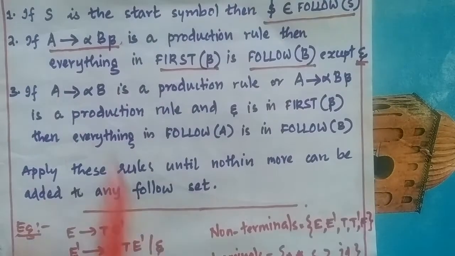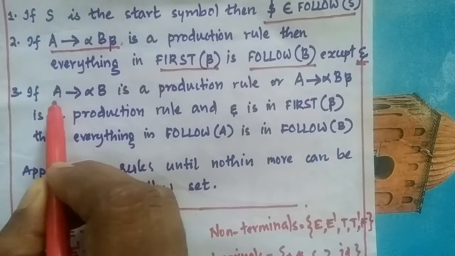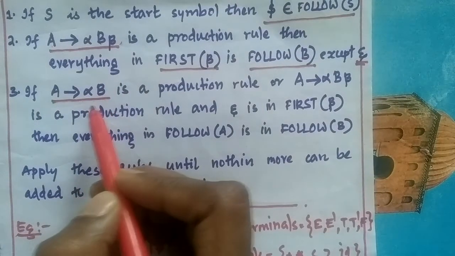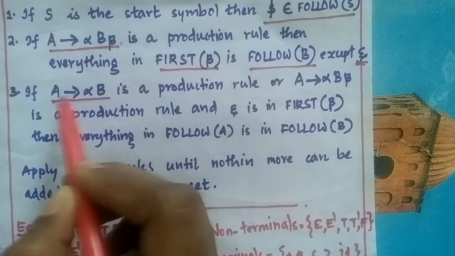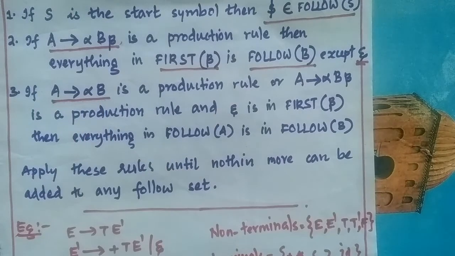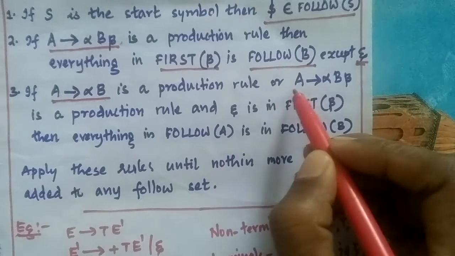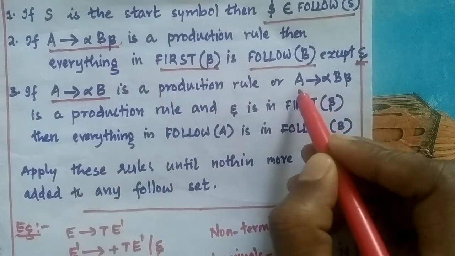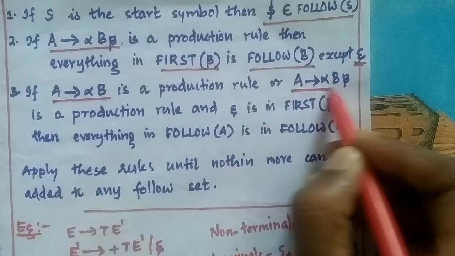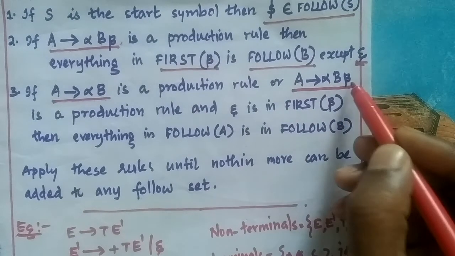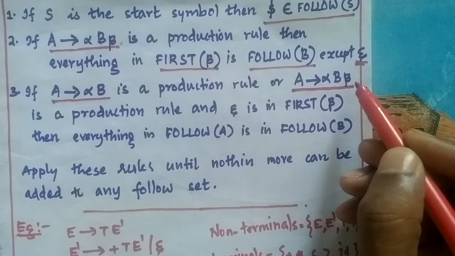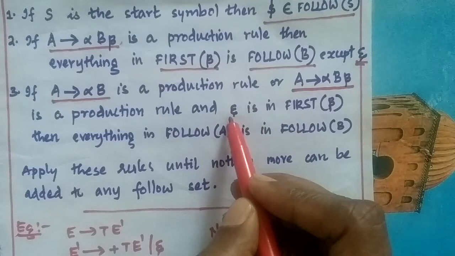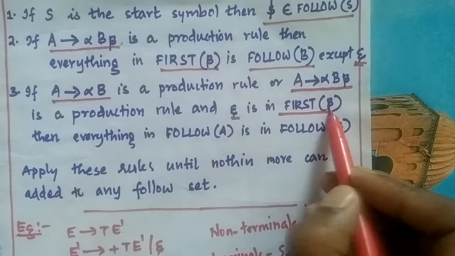And rule 3 is: if you have a production of the form A gives alpha B, where alpha is a string formed by using grammar symbols, and A and B are two non-terminals, or another type of production, not entirely different but almost similar, A gives alpha B beta, where epsilon is in first of beta.